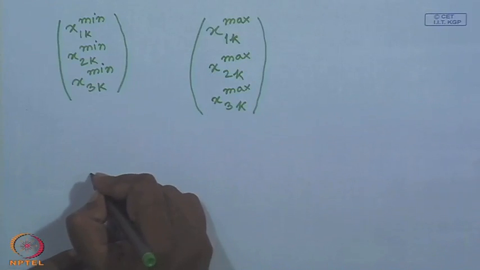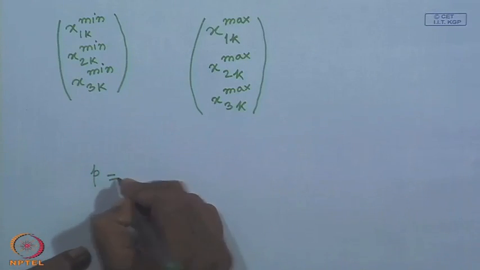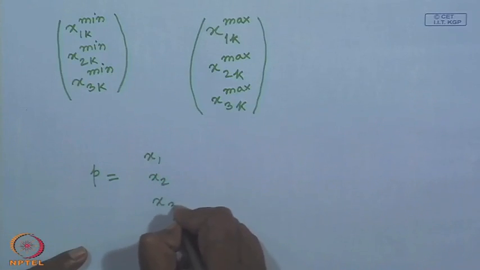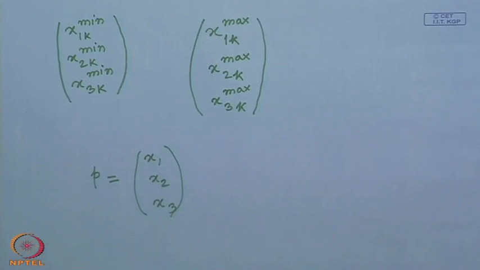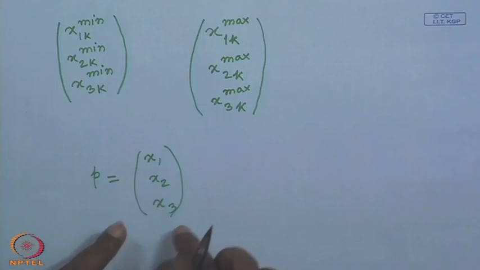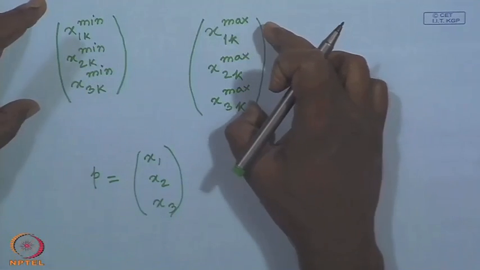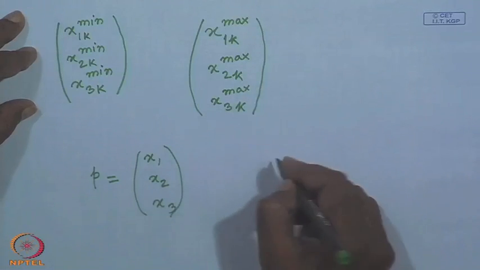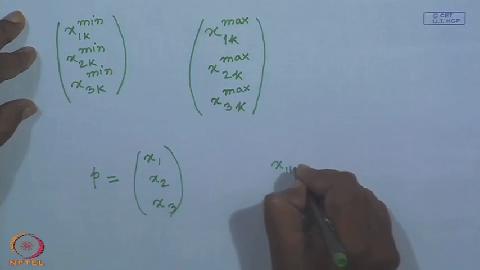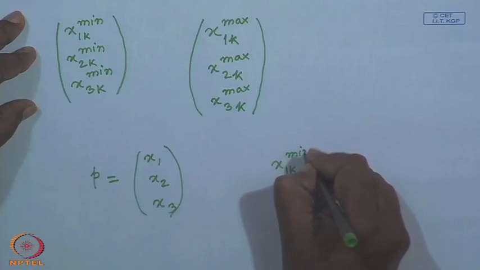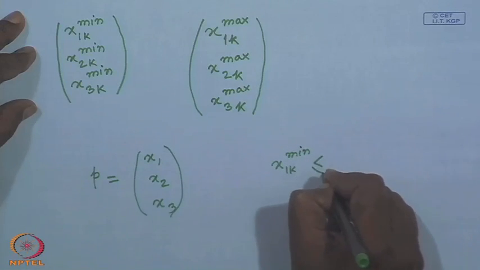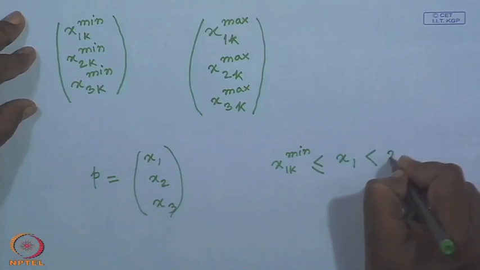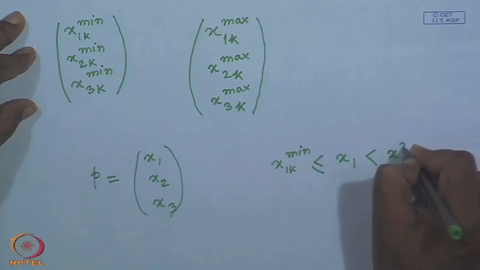Now, any point P at x1, x2, x3, if it has to lie within this kth bin in 3 dimensions, I must have the condition that x1k min must be less than or equal to x1, which must be less than x1k max.